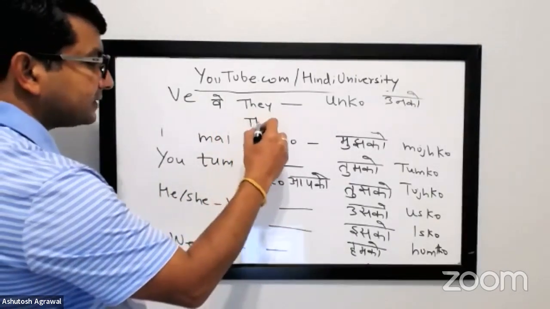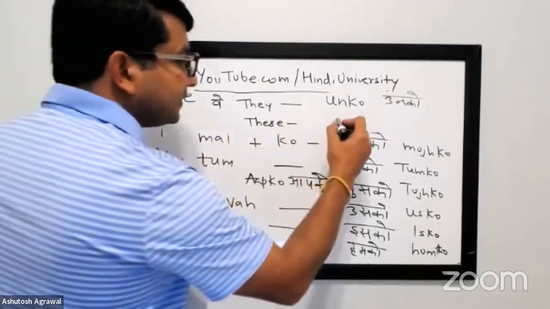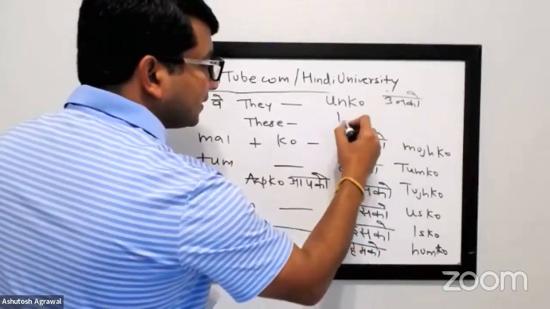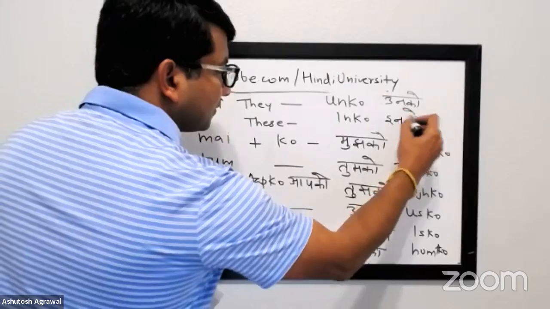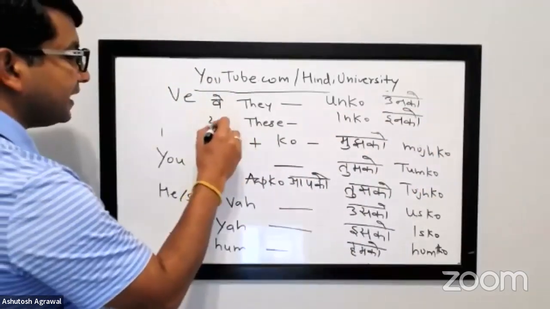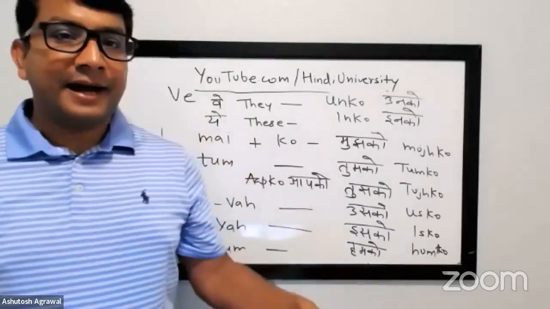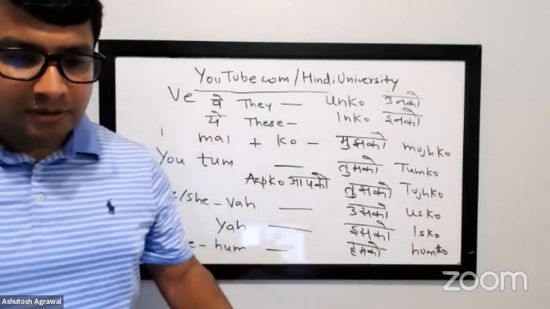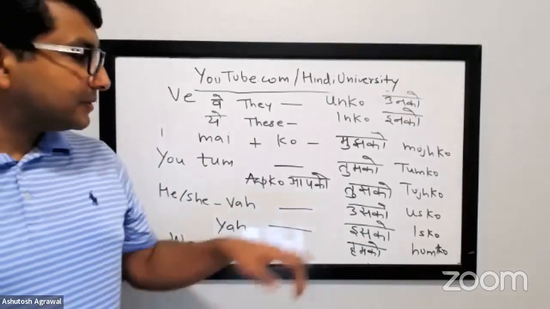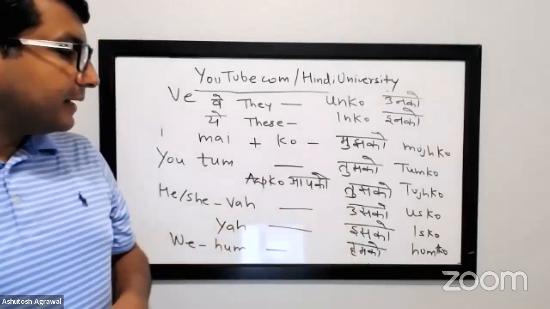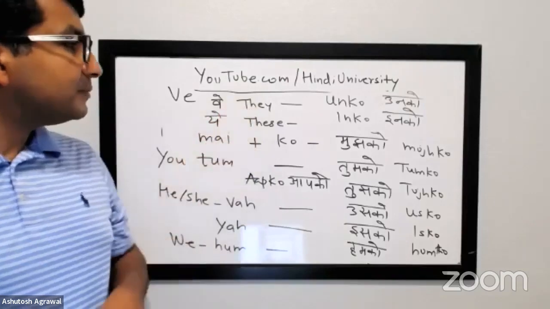They, and then these. These becomes इनको. That's nothing but ये. It's like this, that, these, those, and for all of them we are putting ko next to it. So यह becomes इसको, and वह becomes उसको, वे becomes उनको, and ये becomes इनको.